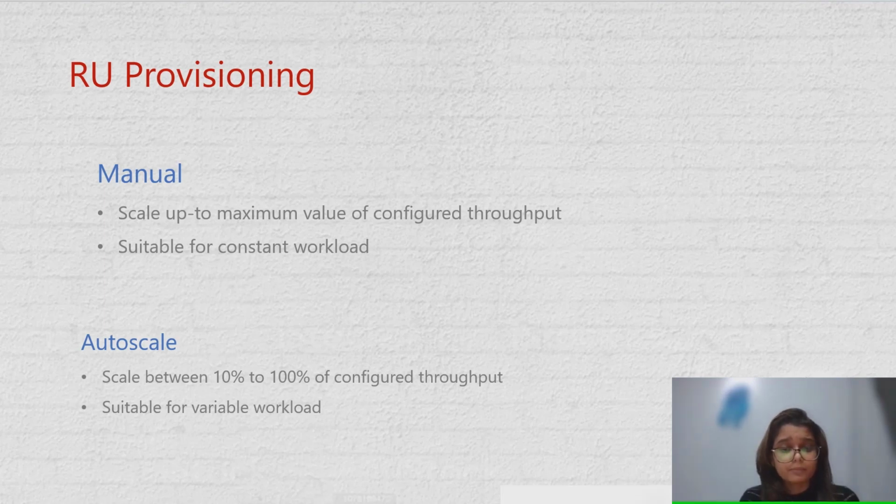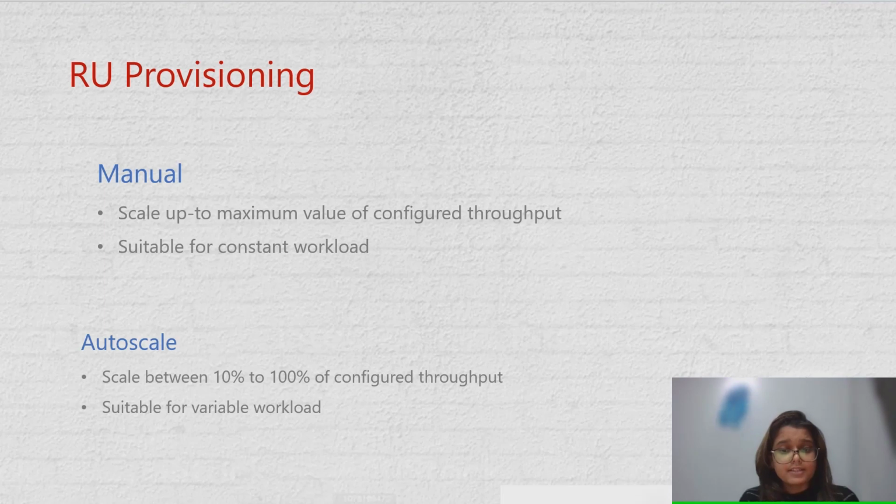This type of provisioning is suitable for variable workloads where your traffic pattern is unpredictable and you have highs and lows throughout the day, so that your container can take care of scaling the resources up and down based on the requirement. The great part of autoscale is that you only pay for the amount of RUs that you have consumed, while in manual you have to pay for the configured value whether or not you are consuming it.